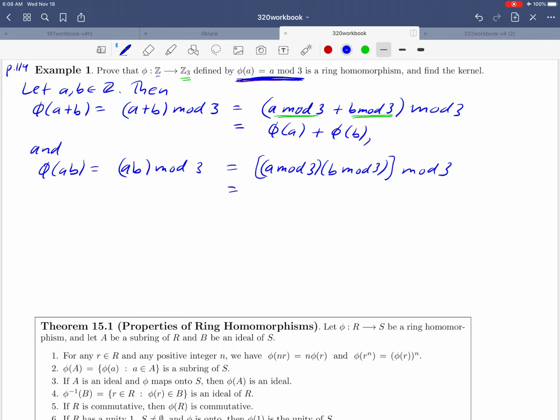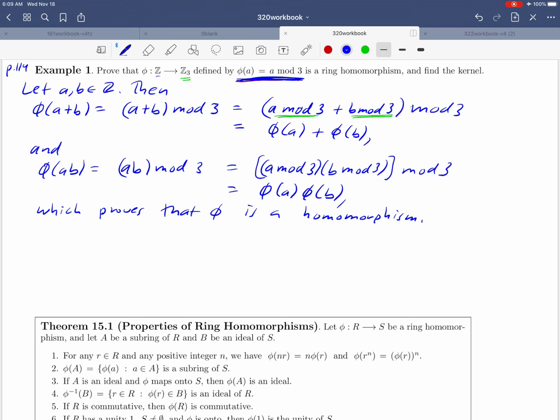And in the same way as we discussed above, that last expression is going to be equal to phi of a times phi of b. That's just the multiplication of phi of a times phi of b modulo 3. So that proves that phi is a homomorphism. We showed that it preserves addition and multiplication.